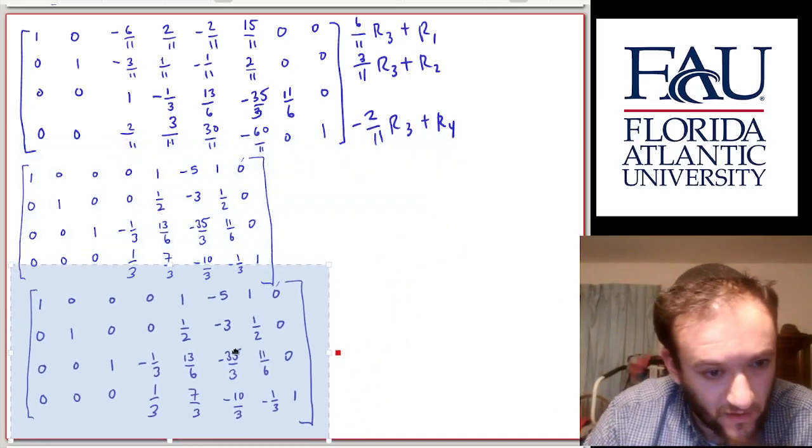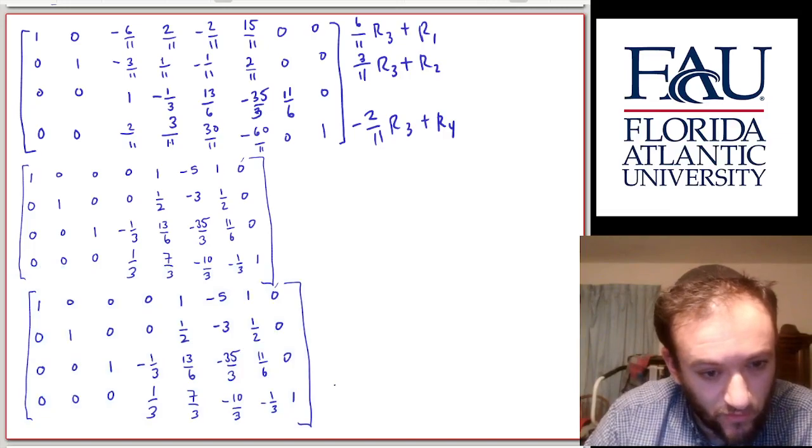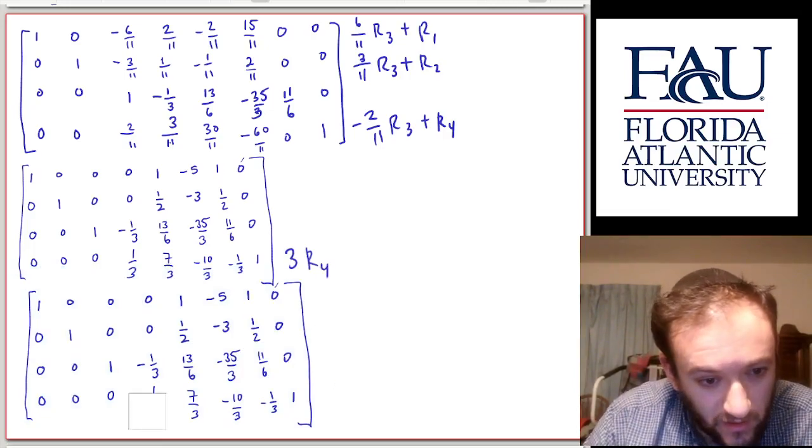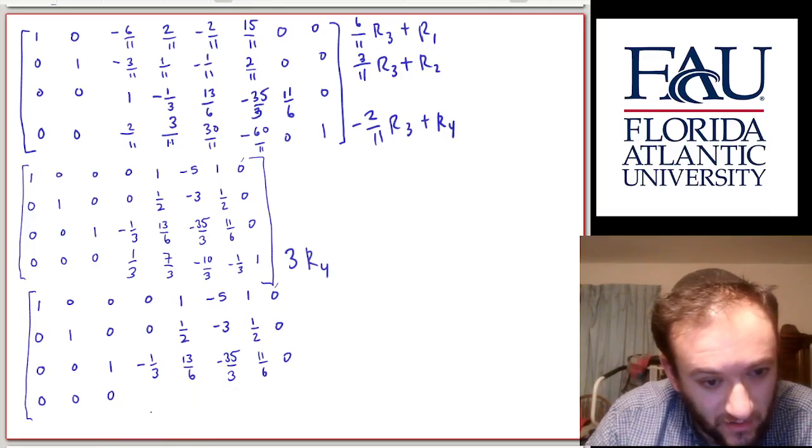Okay, and this goes here, and we're just multiplying this row by 3. So we do 3 times row 4 gives us 1, 7, minus 10, minus 1, and 3.